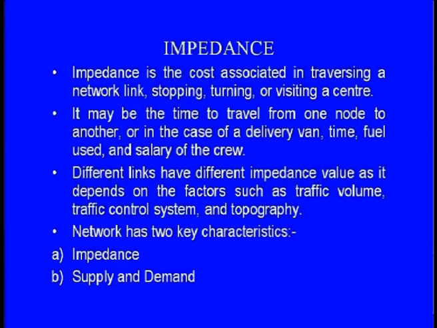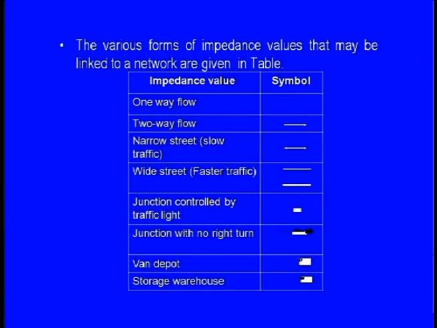A network has two key characteristics, that is impedance and supply and demand. The various forms of impedance values that may be linked to a network are shown in the table below, with their corresponding symbols.